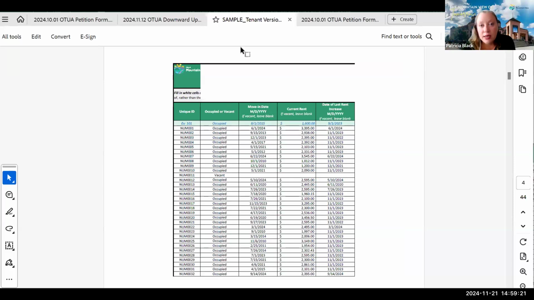Well, we have also created a proof of service for you, okay? And this proof of service, we are auto-populating with the unique IDs. I'm going to go ahead and share that with you as well so you can see what it looks like. Hold on one second while I pull it up.